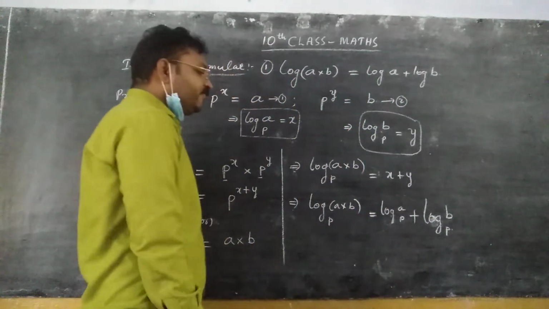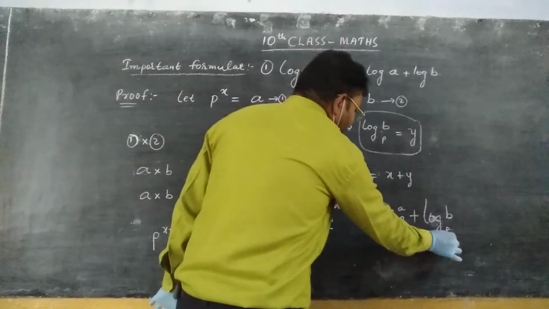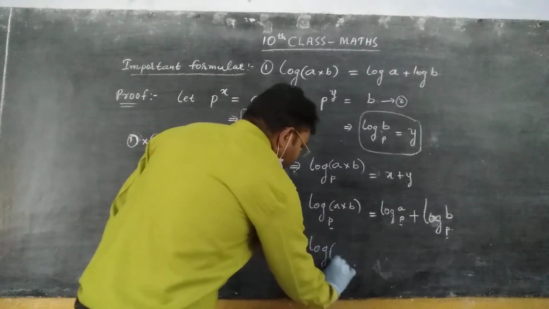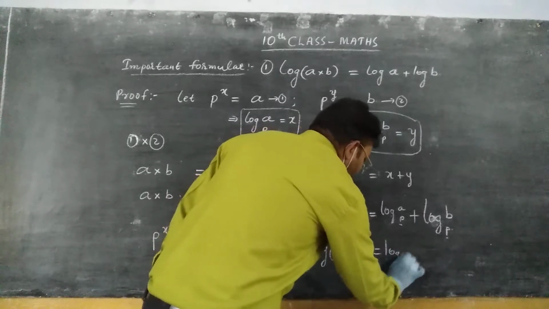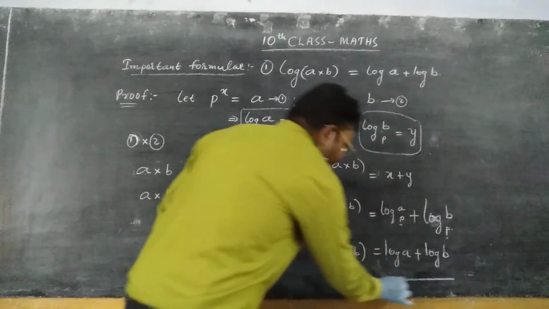So finally all bases are equal, and we write log a into b is equal to log a plus log b.